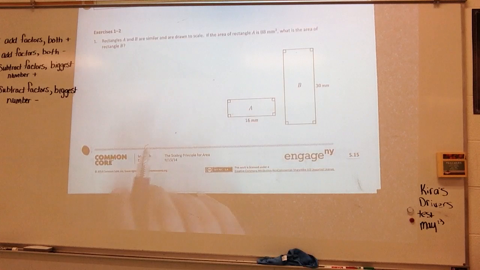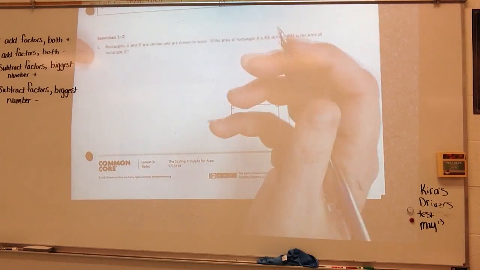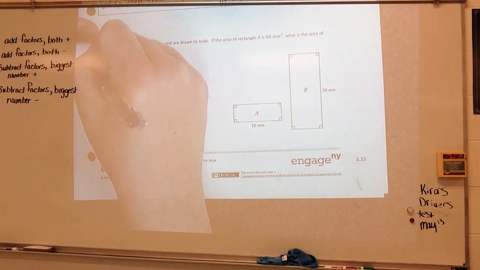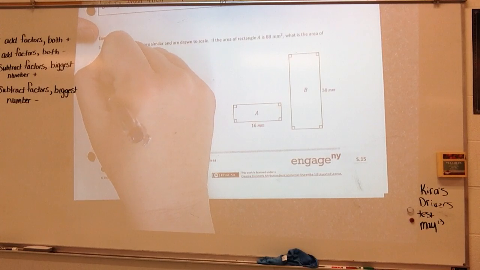So we've got rectangles A and B that are similar and drawn to scale. If the area of rectangle A is 88 millimeters squared, what is the area of rectangle B? Well, we don't know what the scale factor is, so we've got to find it.